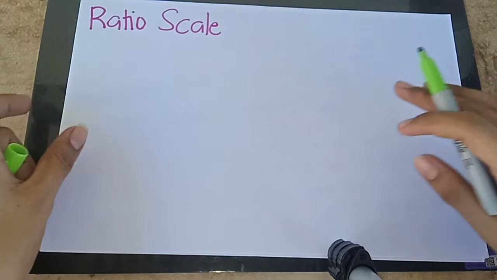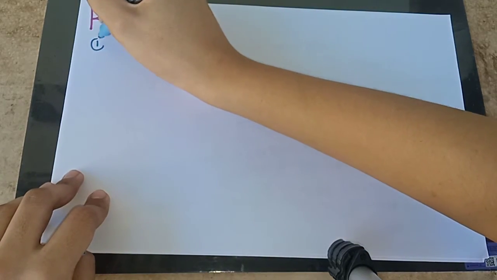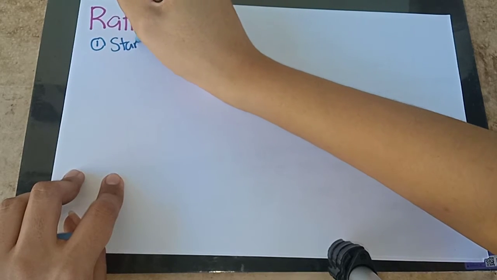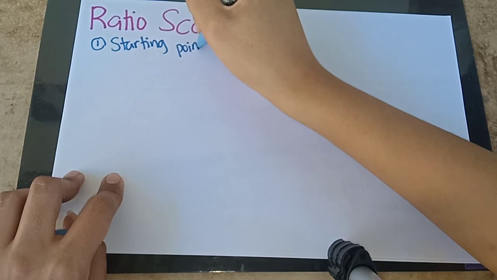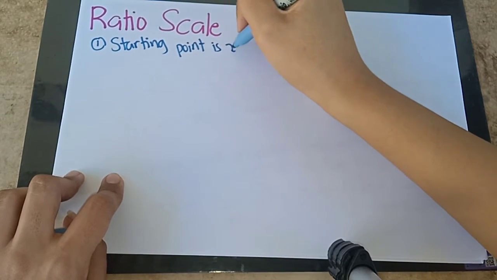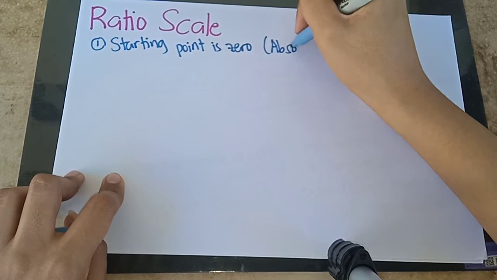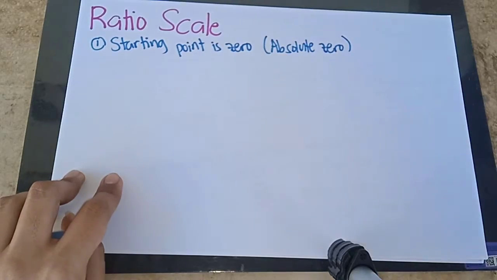So the characteristic of the ratio scale is that, first, the starting point is 0. And when the starting point is 0, it uses absolute 0. Let us have another example.